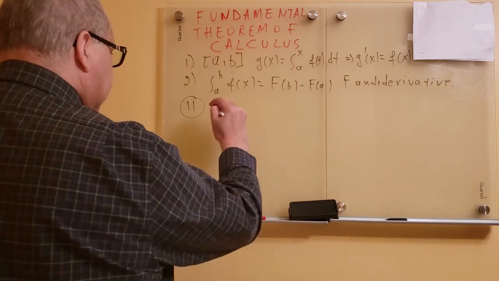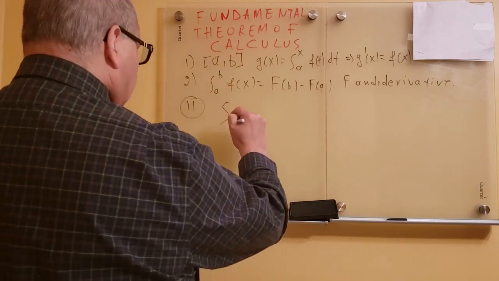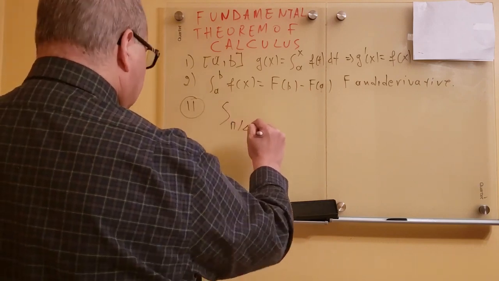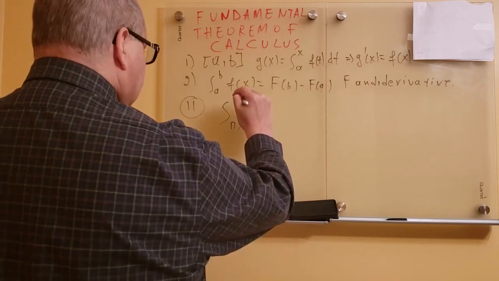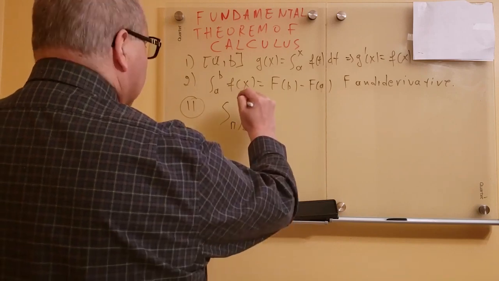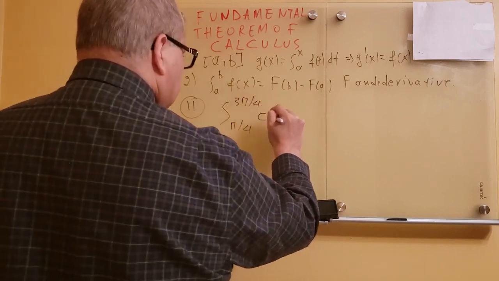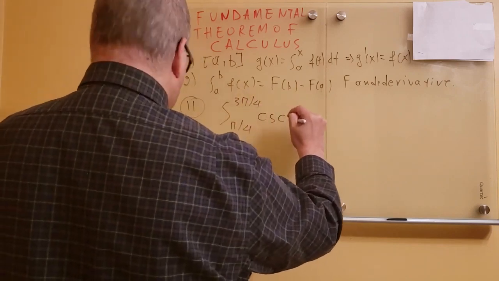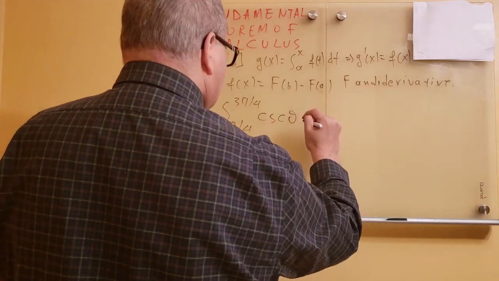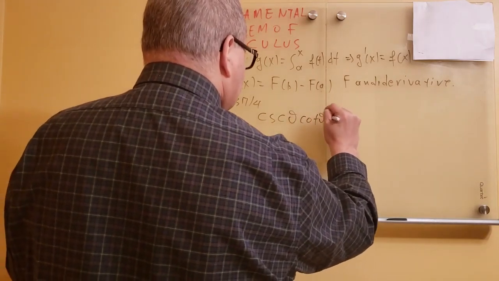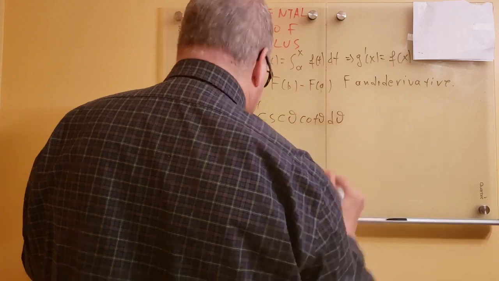Which is to find the definite integral again from pi over 4 to 3 pi over 4 of the function cosecant theta times cotangent theta with respect to theta.